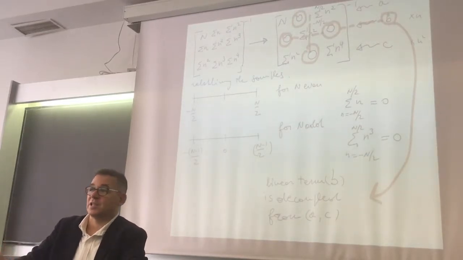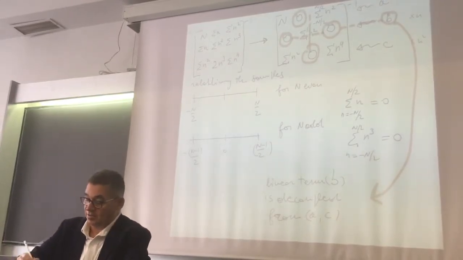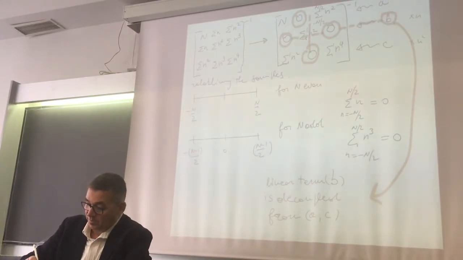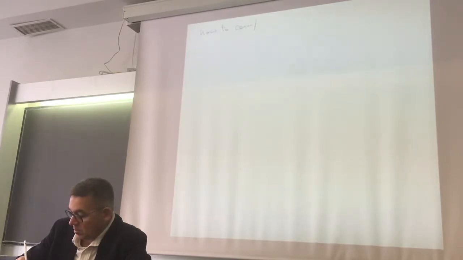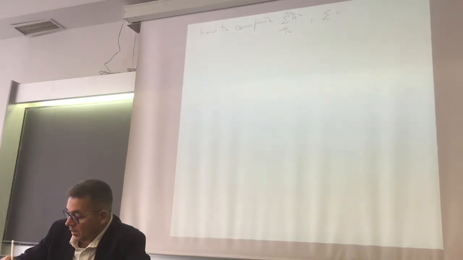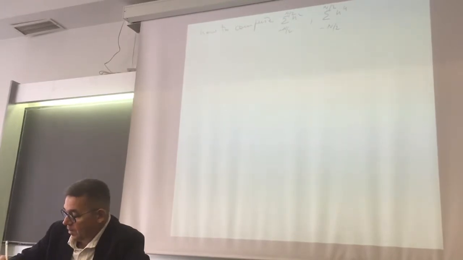Since I need to calculate quick and dirty, I use a very stupid approximation, which makes sense for a larger number. So how to compute the sum of n squared from minus n half to n half, and the sum of n4 from minus n half to n half, without tables?